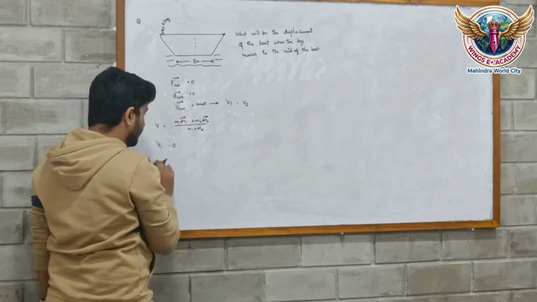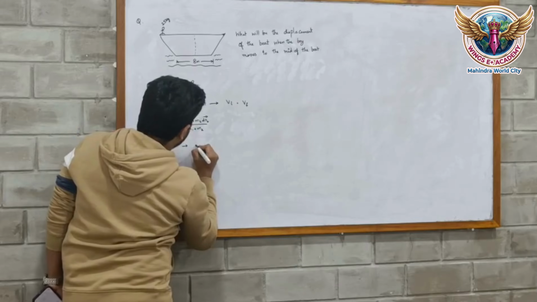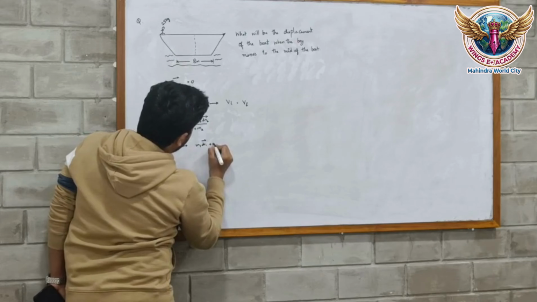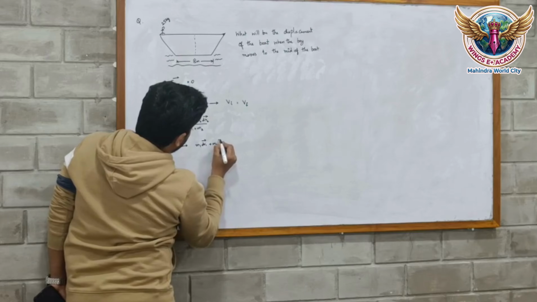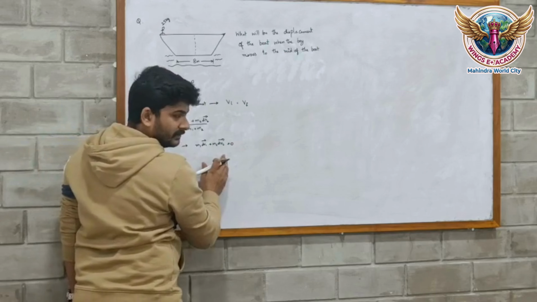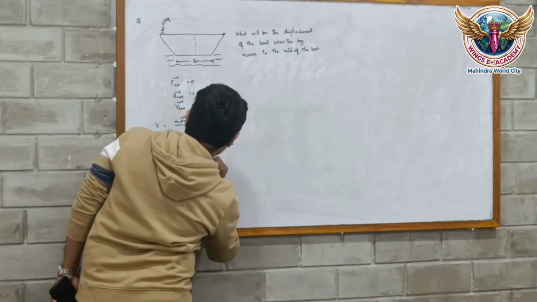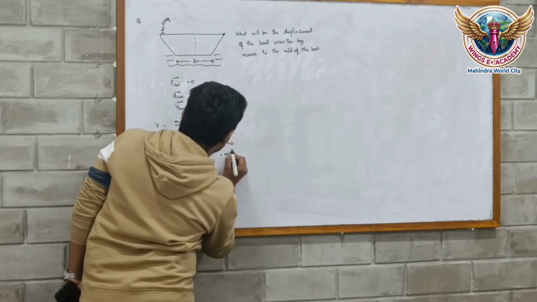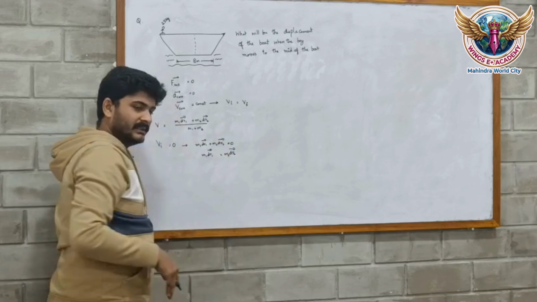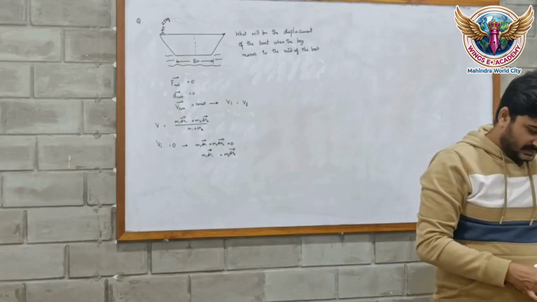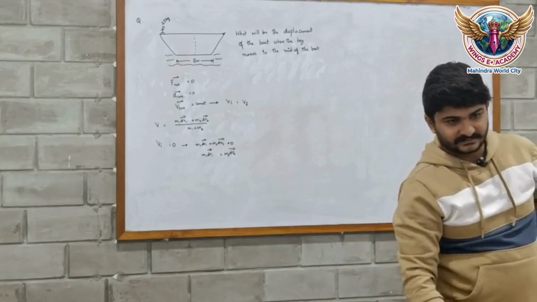So m1 dr1 plus m2 dr2 is equal to 0. Then write m1 dr1 is equal to m2 dr2. This is what we did yesterday, right? So now if you do it this way, will you get the answer?